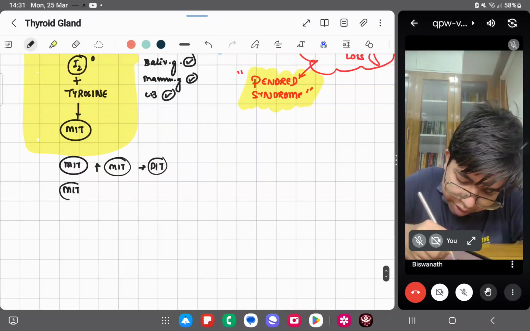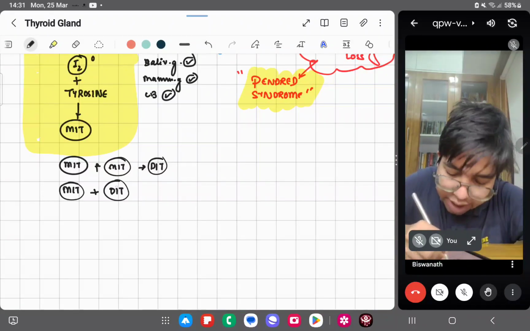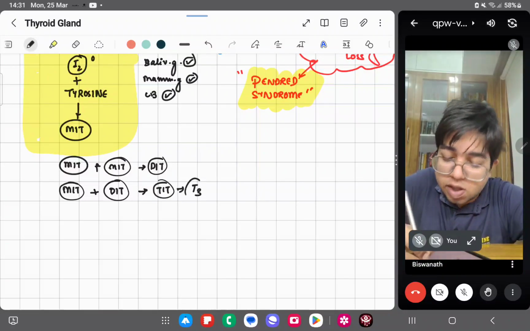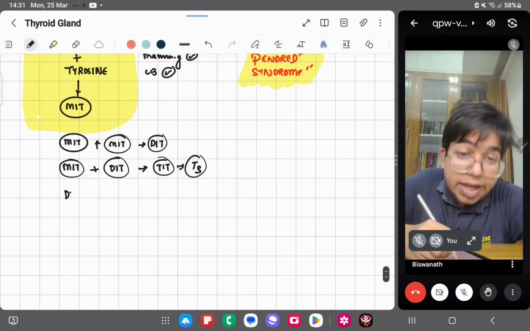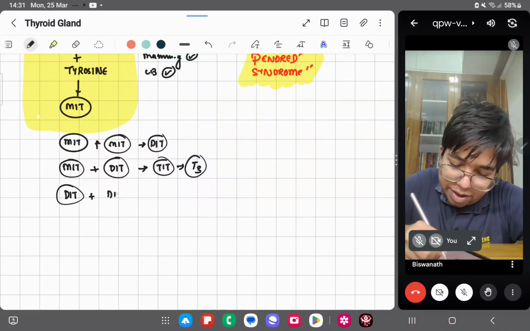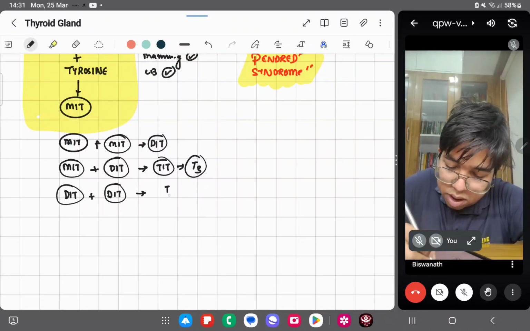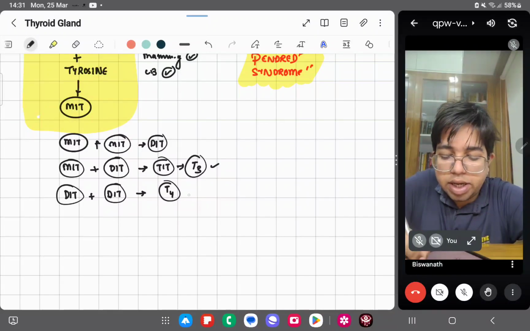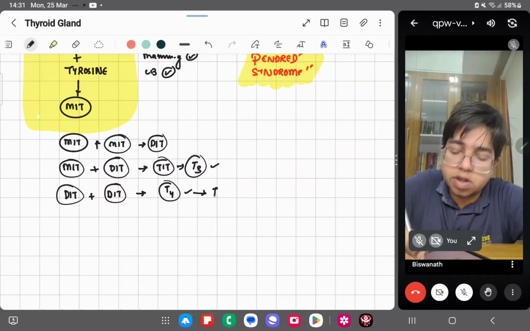This MIT, if it combines with a DIT, will form triiodothyronine, called T3. If DIT and DIT combine, what will happen? Basic maths: T4, tetraiodothyronine. This is your T3, this is your T4, and this T4 is called thyroxine.